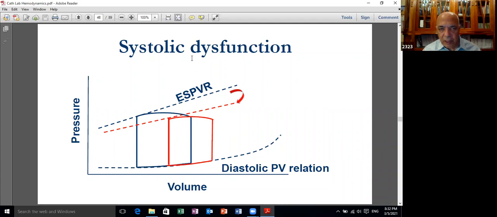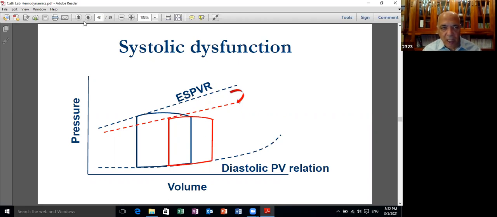In most patients, not all patients, but most, we know, and there are now many articles saying so, that diastolic dysfunction is not by necessity a part of systolic dysfunction, as we previously thought. But in the majority of patients with systolic dysfunction, we also get diastolic dysfunction.